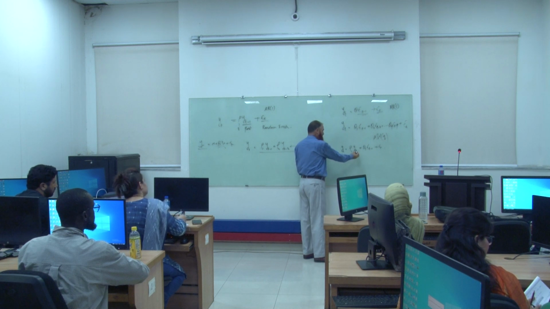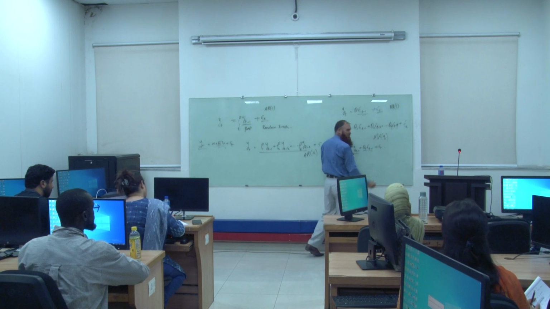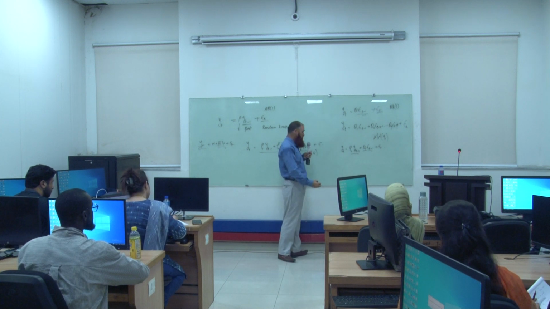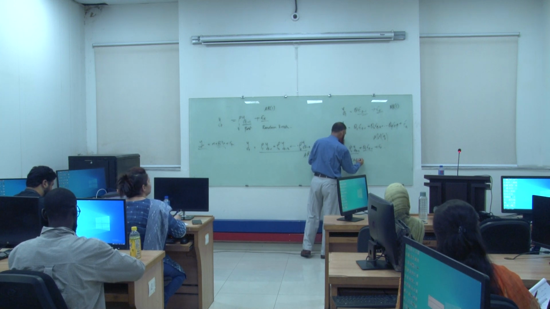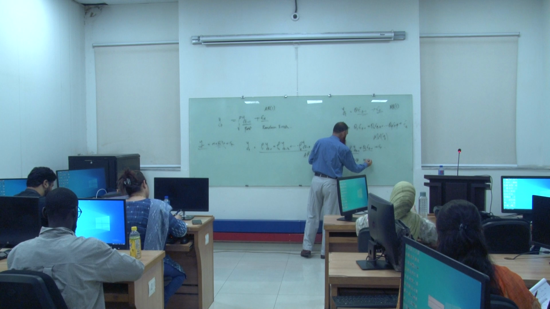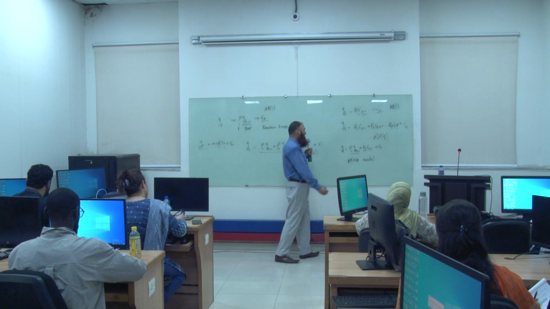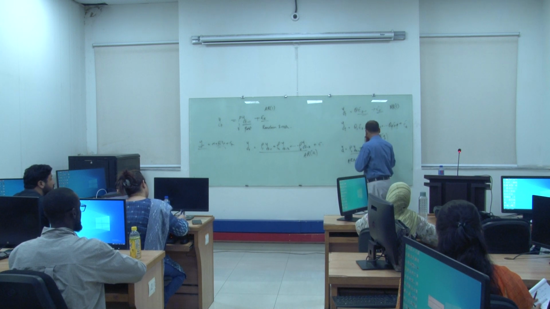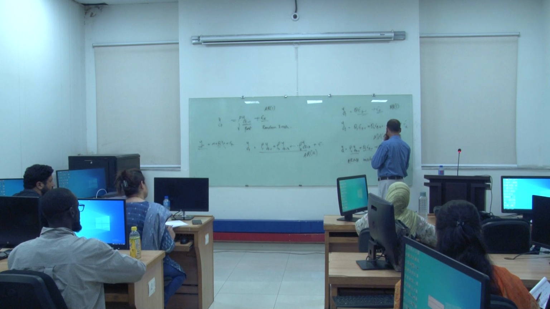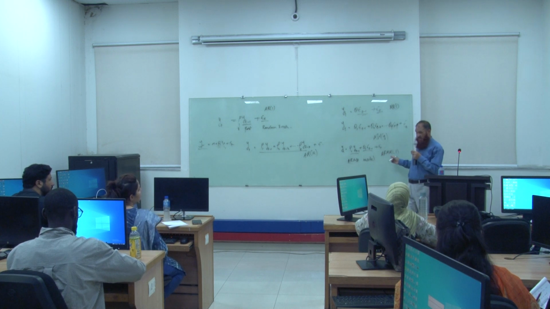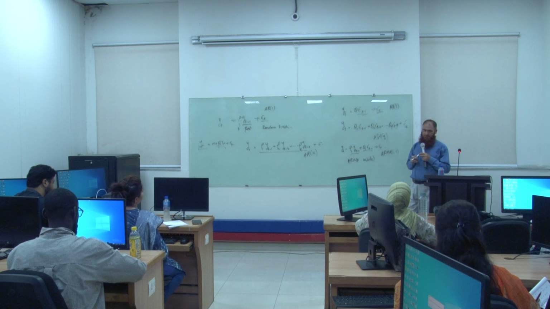This is the AR component, this is the MA component, and combining these you have the ARMA model. You can term this ARMA(1,1) because there is one lag of the AR term and one lag of the MA term.